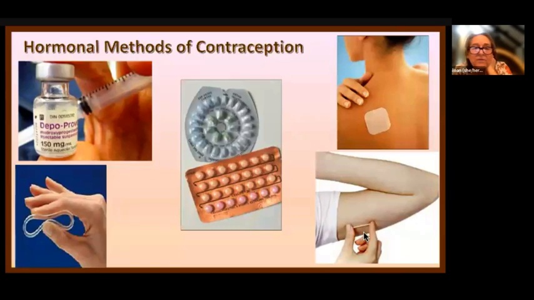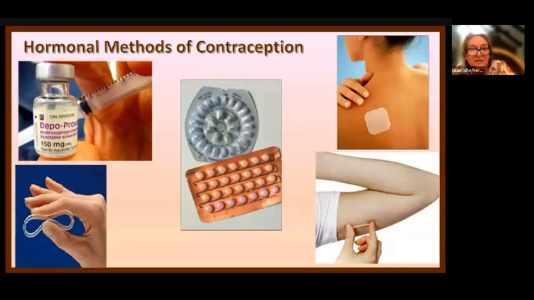This little toothpick thing is another type, it's an implant, and it usually will release progesterone for almost 3 years. And there's a very low failure rate for these implants. And it can also prevent women from menstruating, which can again reduce long-term possibilities of cancer.